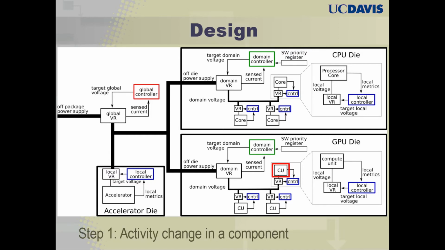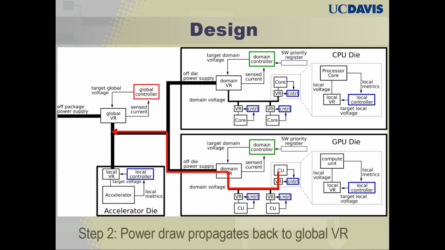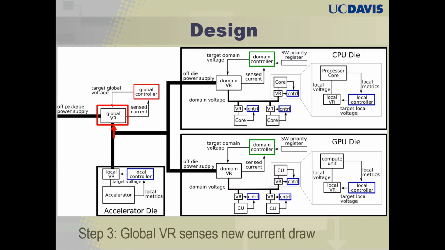So with that in mind, the best way to really understand it is to step through the behavior itself and see how it all reacts. The first part would be an activity change. I picked a compute unit here, and let's say it increased its power. From there, that increased power draw would propagate back to the global VR, which would then sense it.